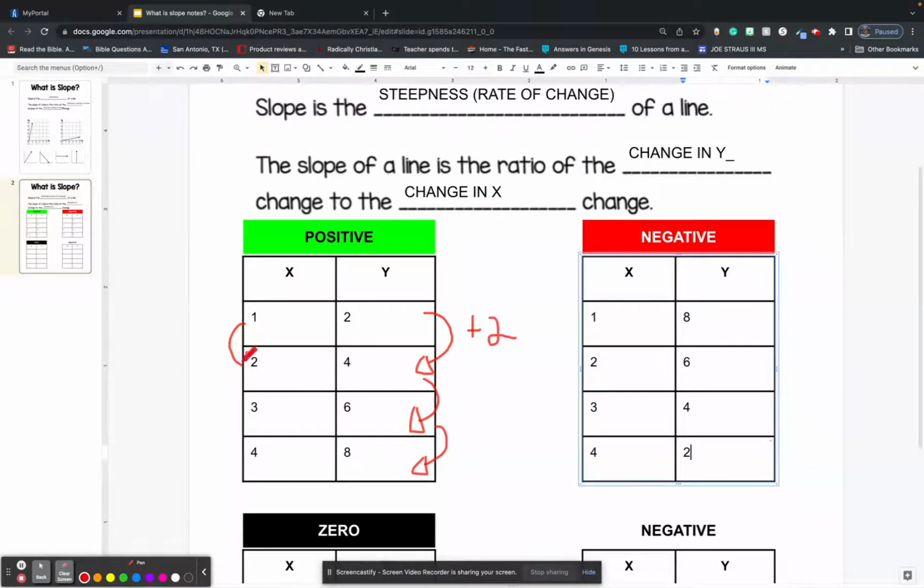And this is going up plus 1 every time. But on this side, it's going down by 2 every time. All right. As this goes up by 1.